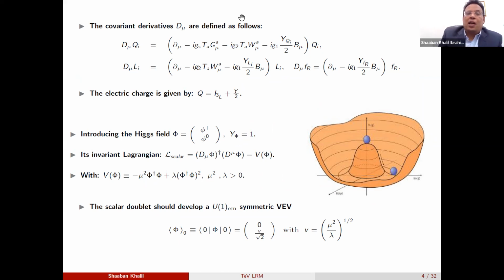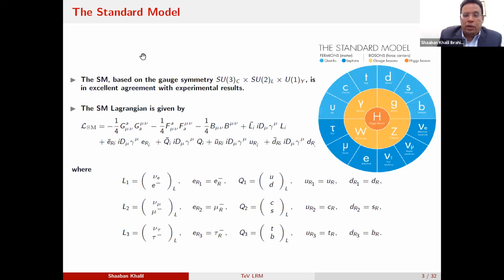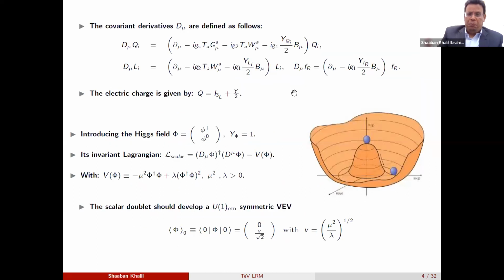As I told you, for example, the left-handed quark Q, the doublet, is charged under SU(3), charged under SU(2), charged under U(1) hypercharge. Therefore, when we do the covariant derivative, I hope people know what we mean in gauge theories when we go from normal derivative to covariant derivative. You have the normal derivative plus you add your gauge field, which we introduce to make the theory gauge invariant.